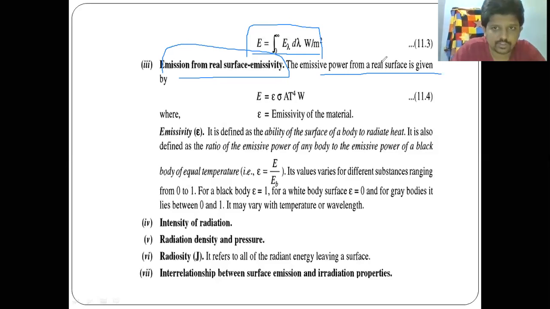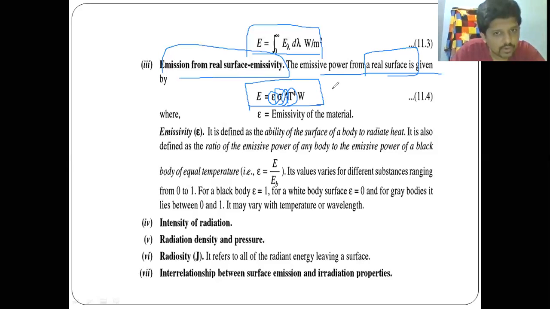The emissive power of a real surface is given by E is equal to epsilon sigma A T power 4, where epsilon is the emissivity, sigma is the Stefan-Boltzmann constant, A is the area, and T is the absolute temperature raised to the power 4.